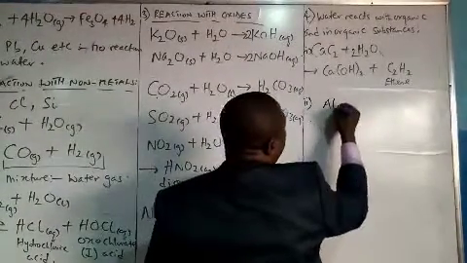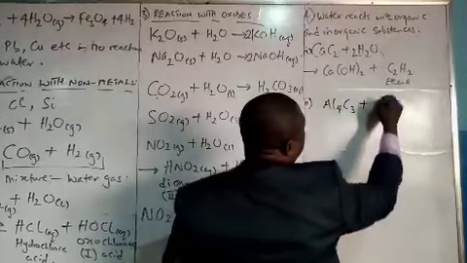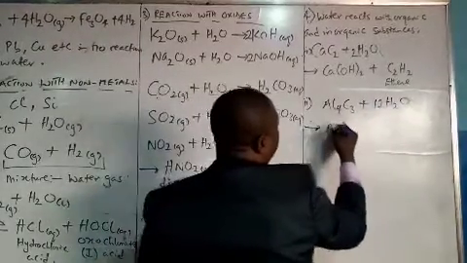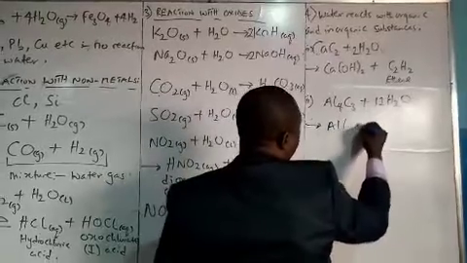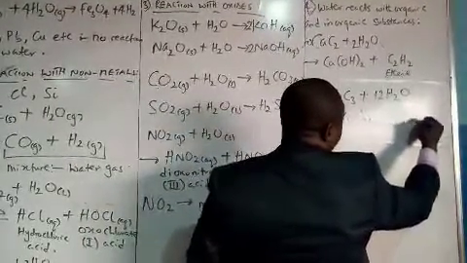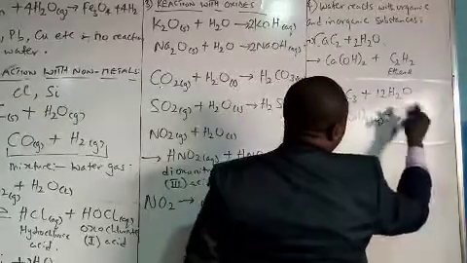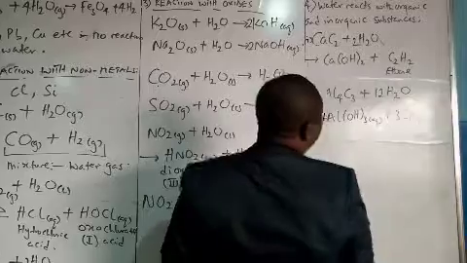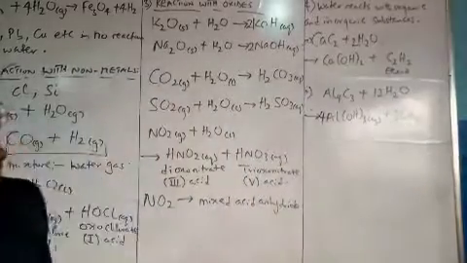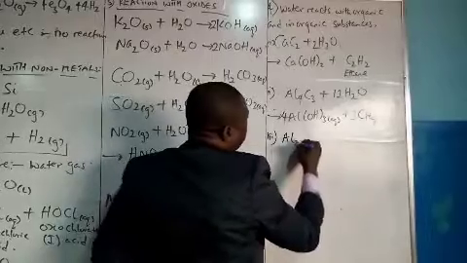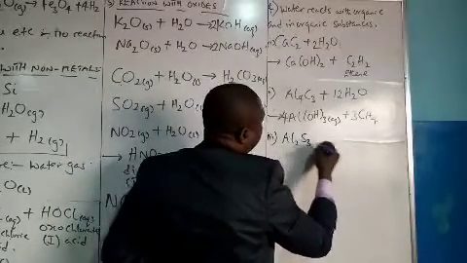We take aluminum carbide, which will react with 12 molecules of water, and this will give us aluminum hydroxide, which is aqueous, and we have CH4. So if you put that here, this will give us 4 of these, and of course that should make that balanced. The last one is aluminum sulfide.